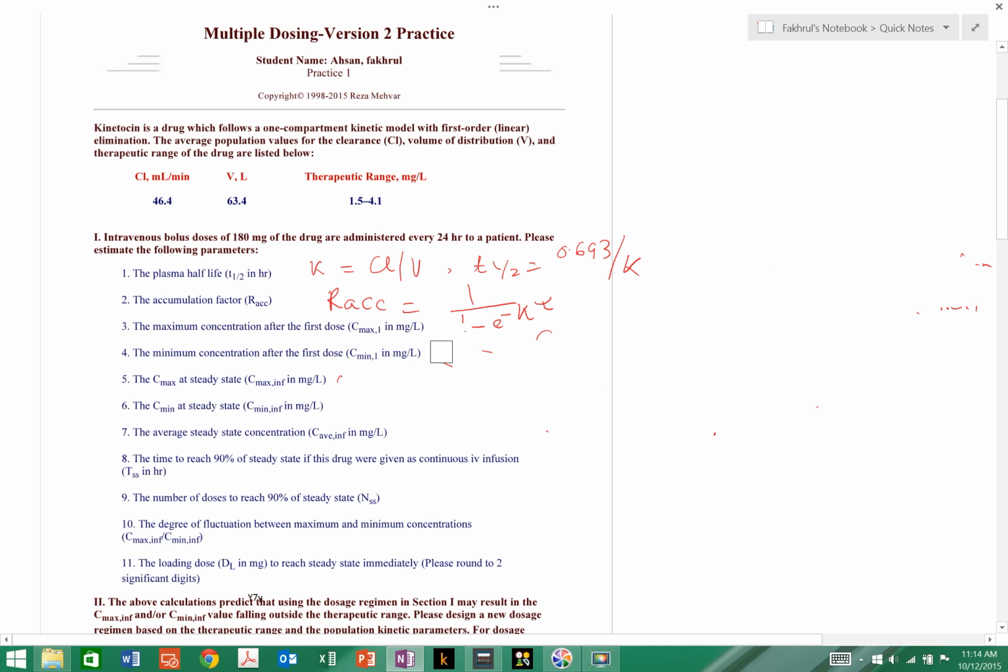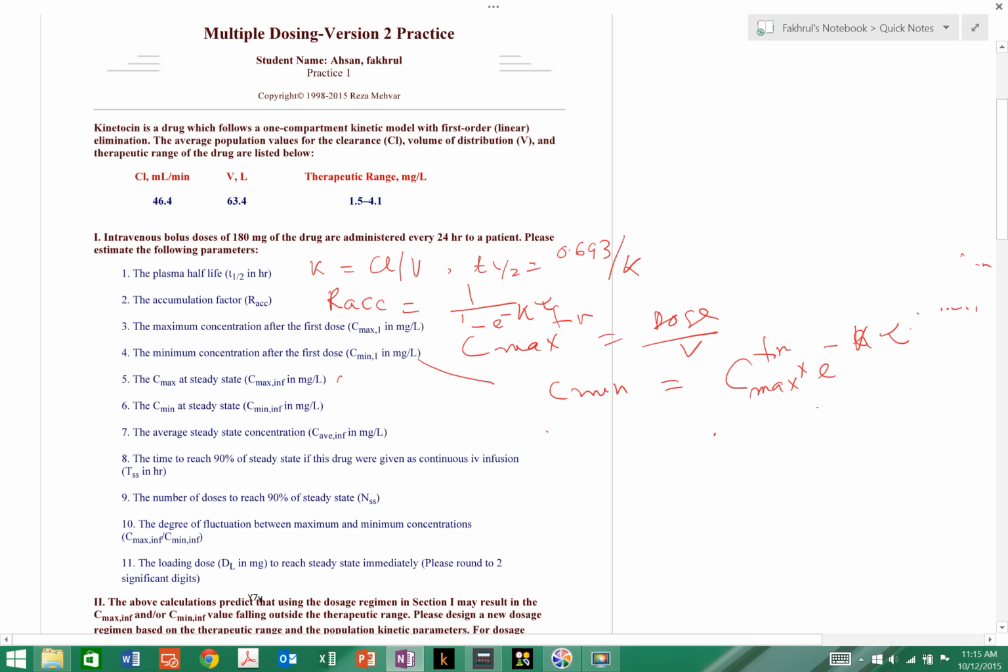Cmax first is nothing but dose divided by V, and Cmin first you have to calculate as Cmax first times e to the negative k tau. So you have to use here e to the negative k tau.